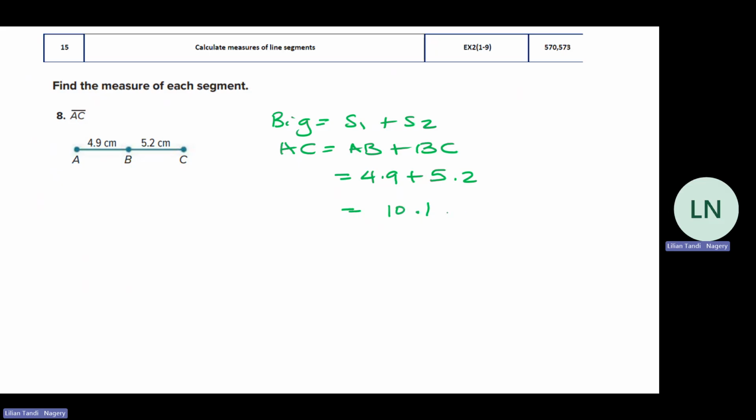So 10 1/10 centimeter. So that's 10 1/10 of a centimeter for AC. And you box your answer.